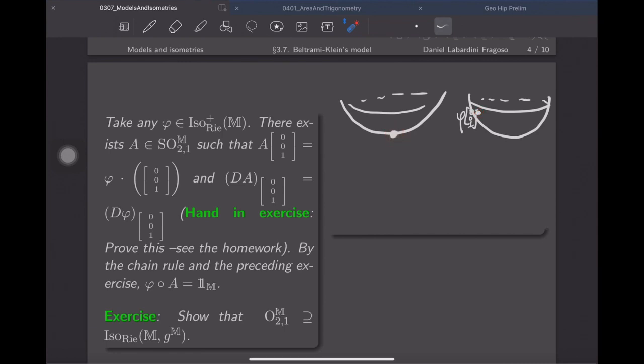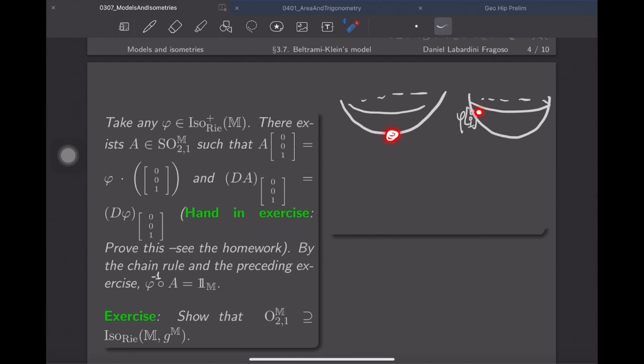And now I'm in that situation, and since the derivative according to A is the same as the derivative according to phi, the derivative going via A and coming back via phi is also the identity by the chain rule.